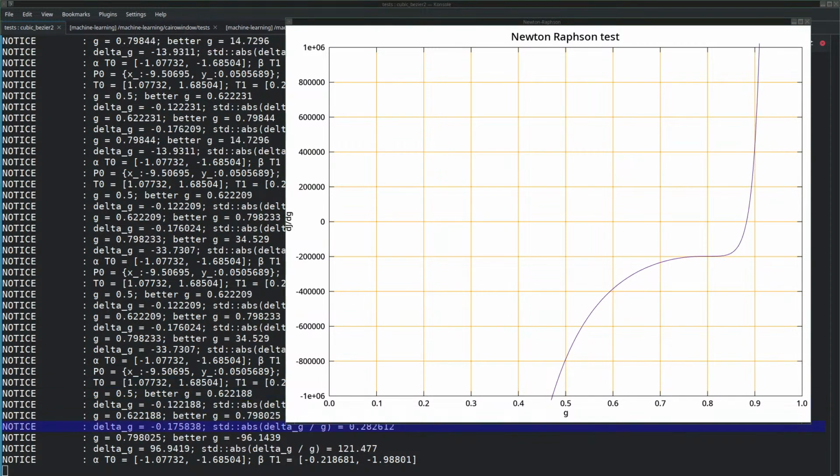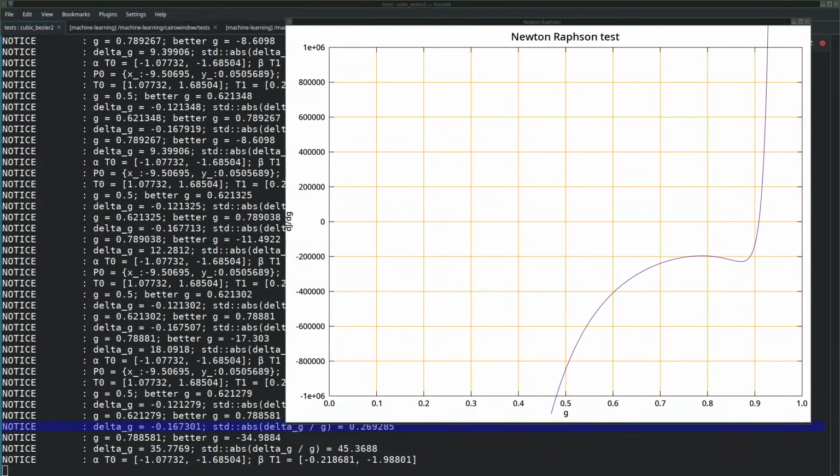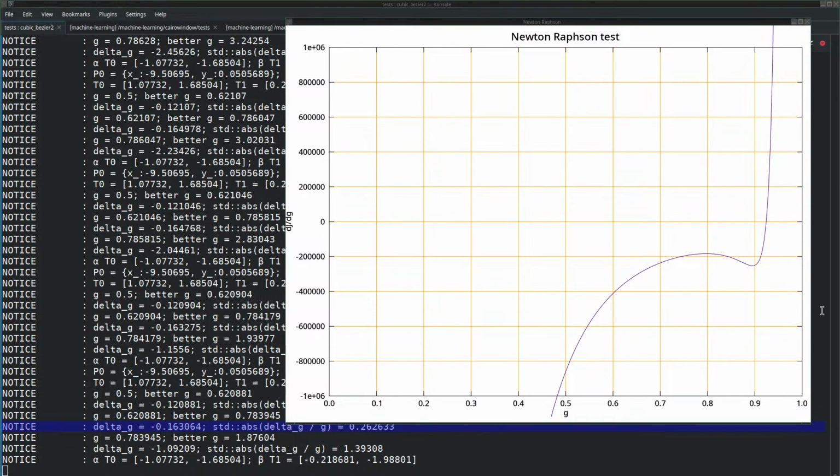So something is wrong at this point. This is still making sense, but here, now in the region between this maximum and this minimum, we have a problem because the sign of the second derivative changed in between here, while we still want to go to that direction.